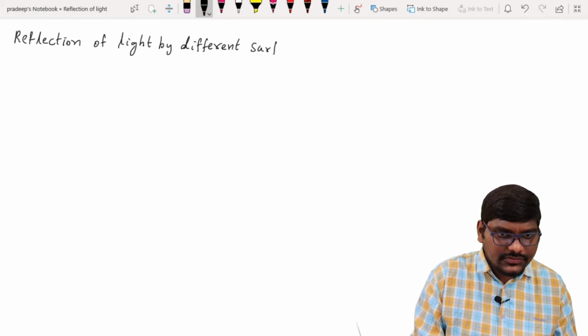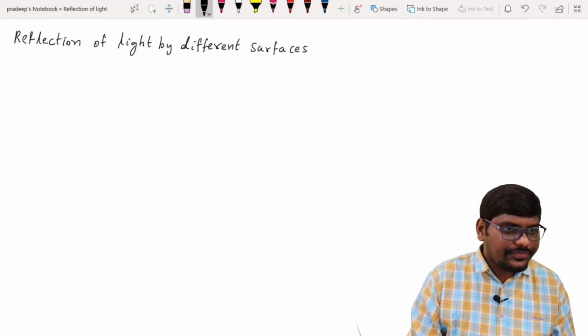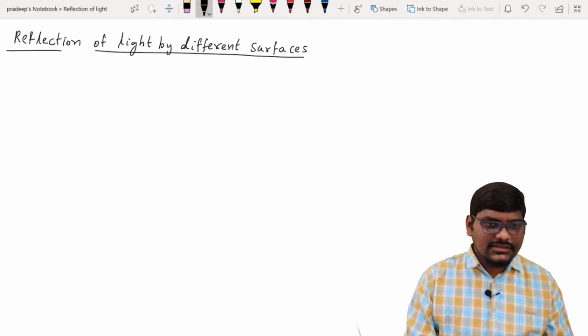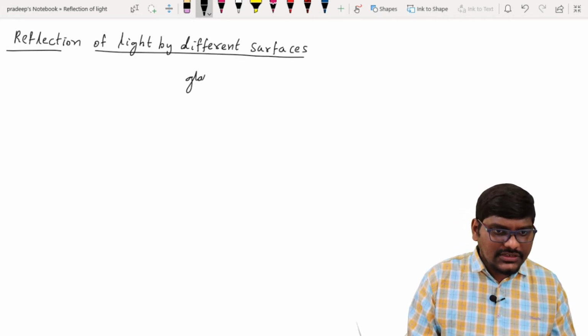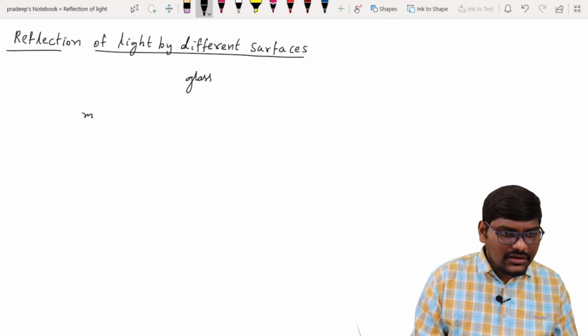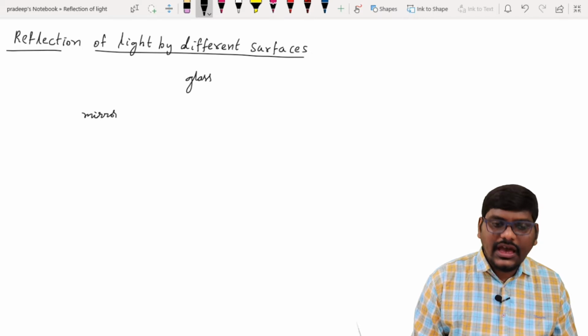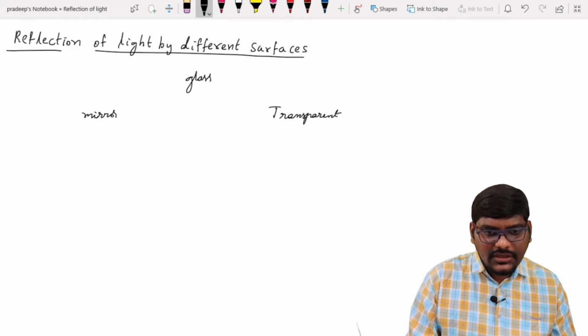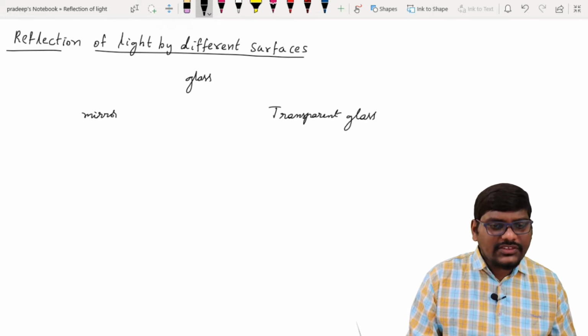So let's see. When we talk about glass, this glass is of two types. This glass is made into a mirror, or it can be used as a transparent glass. So what is this transparent glass?